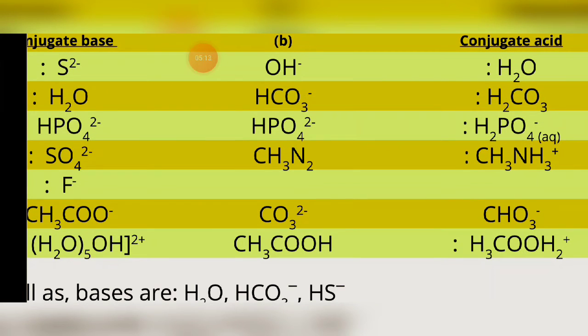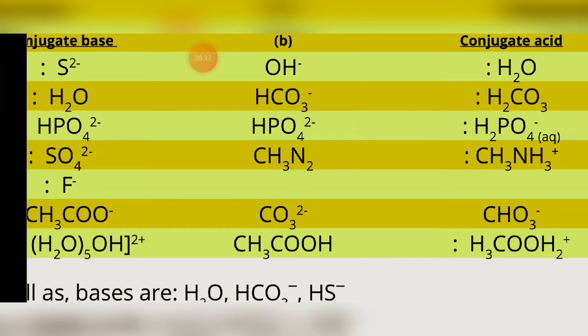We know that nitrogen in the form of N2 has a triple covalent bond, and one nitrogen will be removed from the triple covalent bond, and hydrogen will be attached with nitrogen. 3 hydrogens will be attached with the nitrogen, and it will convert into CH3NH3 positive.